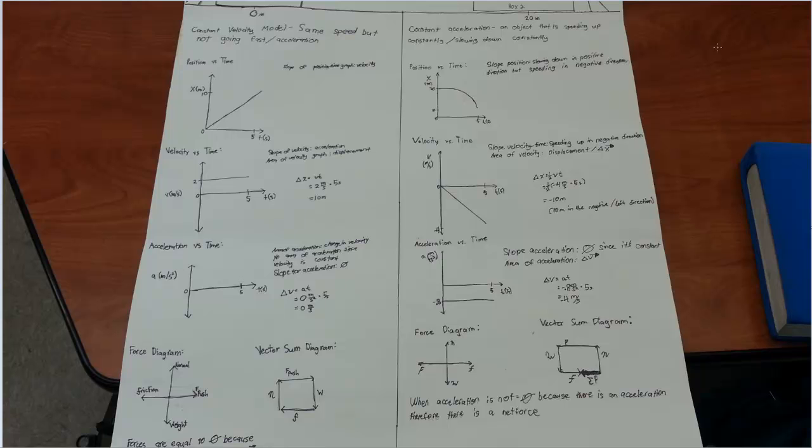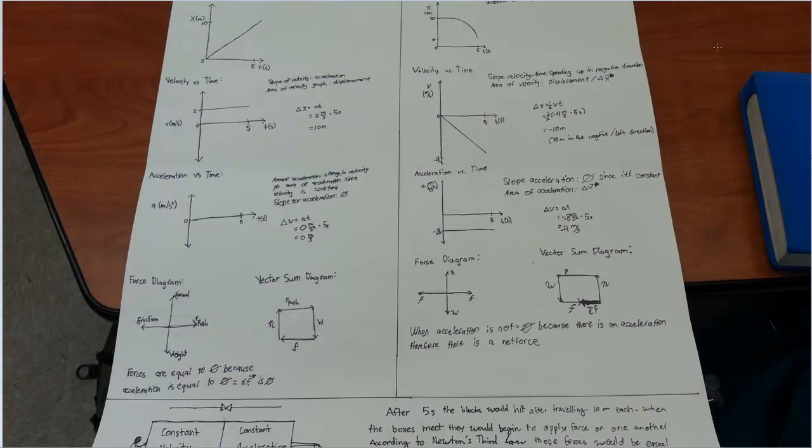Okay, so the force diagram for that one is almost the same as the force diagram for the constant velocity, except that now the force of friction is less than the applied force, so that will allow the box to move at an increasing speed, so accelerate.